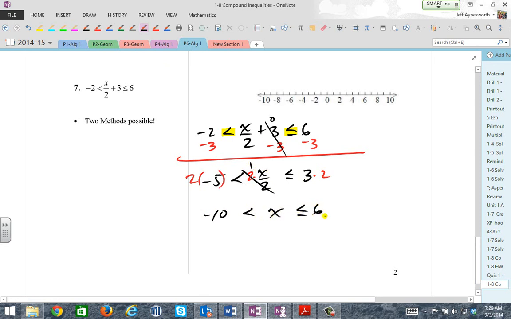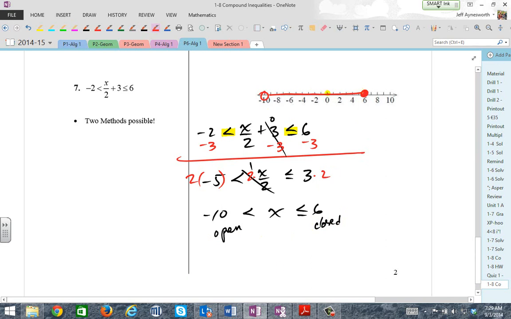Okay. So right here I see a strictly less than, so it's going to be open here at -10. I see right here the less than or equal to, so I know it's going to be closed here at 6. So I go up to the graph and find -10, go open here, go closed at 6, and I know it's all points in between because I understand this now. And so this is my solution set.